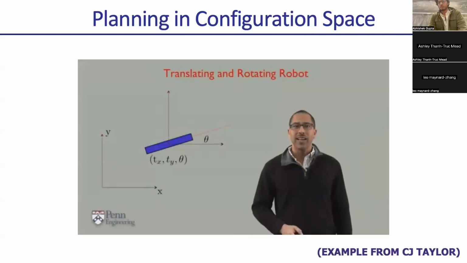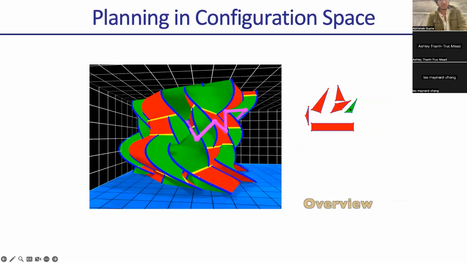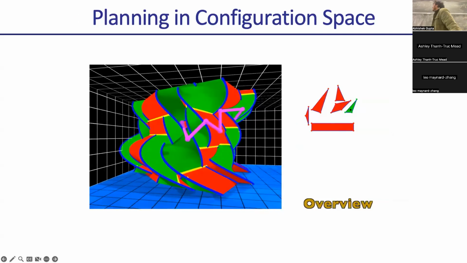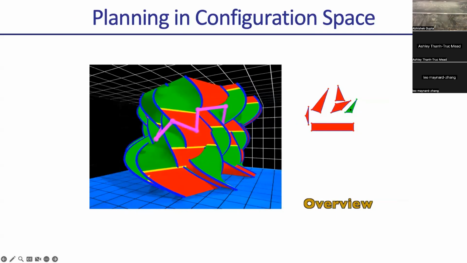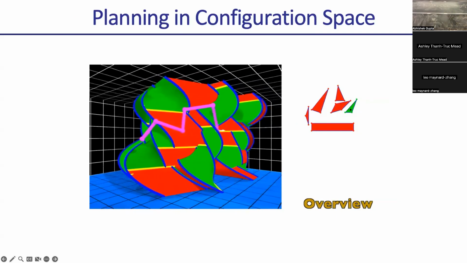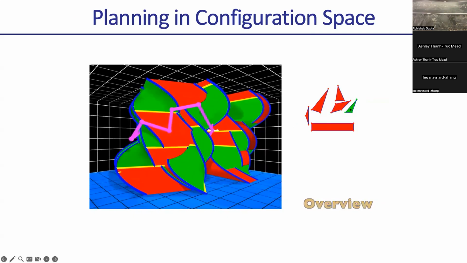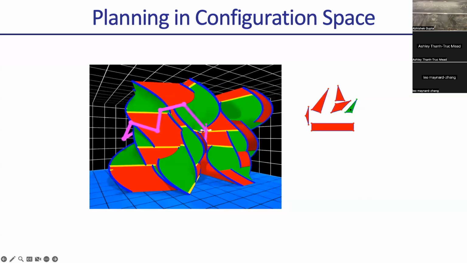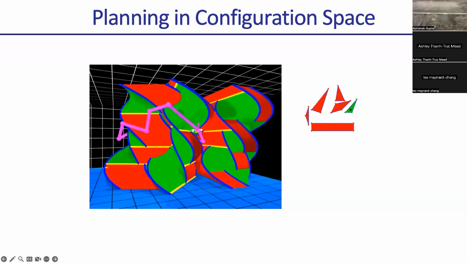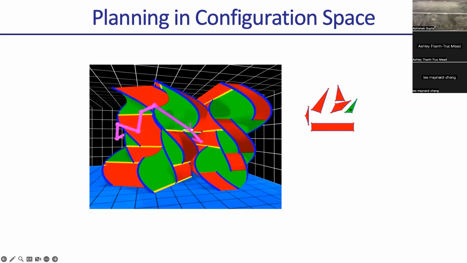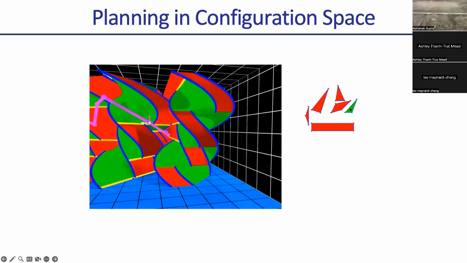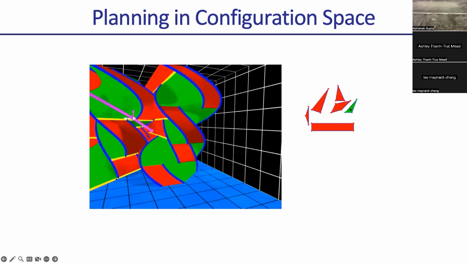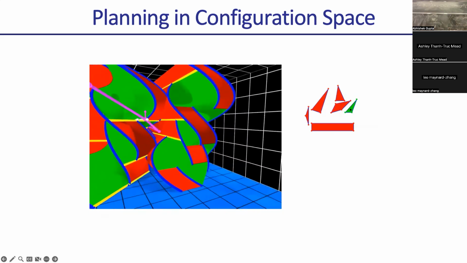Some more complicated examples. Let's see, we have 2 minutes. I'm going to skip this. Here's an example I found kind of compelling. This is your planning problem here. You have this triangle among all of these different obstacles, and the configuration space looks like that. That shows how planning works in the configuration space. You have to navigate through this nasty, non-convex, difficult space, which is even hard to characterize.